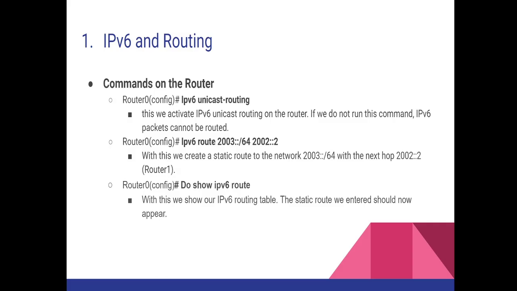For the next one, you will do ipv6 route. You type your IPv6 address right here, and this will basically create a static route to this network with the next hop of 22::2.